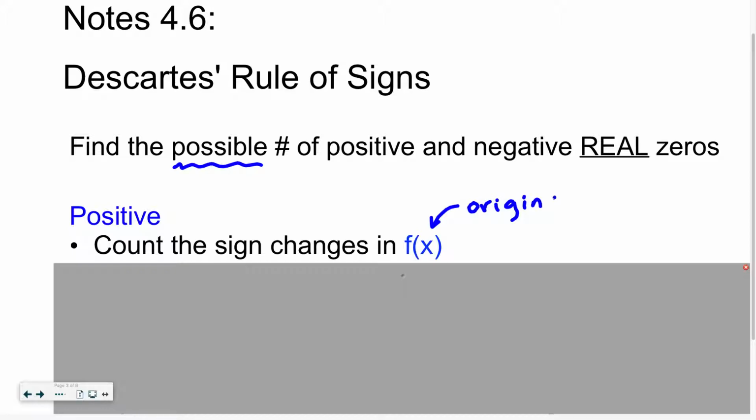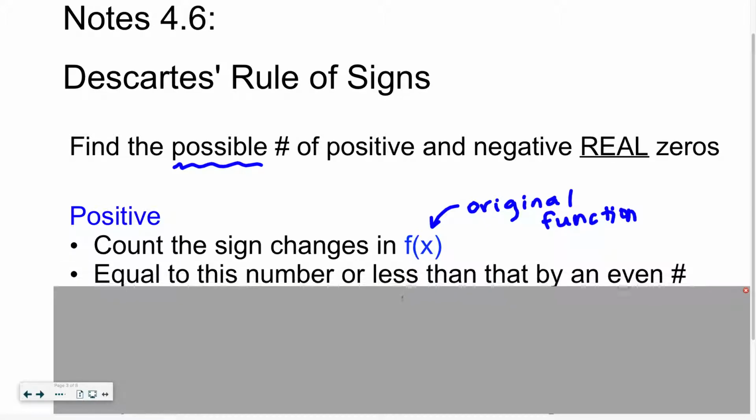So f of x is the original function. Whatever problem I give you, count how many times the sign changes from term to term. Like, is the first term positive and the second term negative, that's a sign change. But if you have all positive terms, there are no sign changes, so there are no possible positive real zeros.